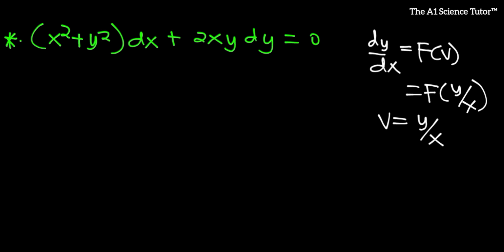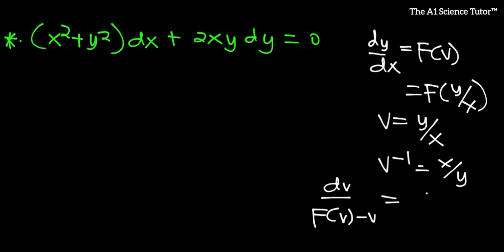Now, what if you had this reciprocated? That is going to be v raised to the power of -1. That is where you have x over y, because you could actually have that also. Now the formula, you already know it, right? So you are going to have dv divided by f of v minus v, and this will be equal to dx divided by x, basically. So because of space, I'm just going to wipe this one out. So let us go back.